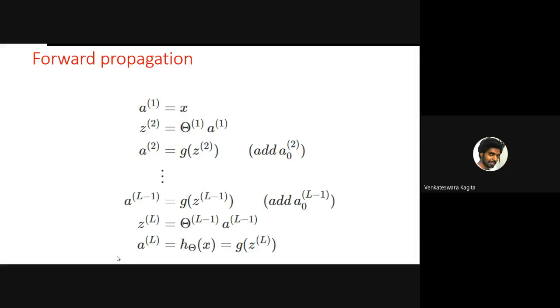We have capital L number of layers in total, which is equivalent to g of Z capital L. This is forward propagation. Starting from the input layer, layer by layer we compute the net sum and the activation units, and these activation units are passed as the input to the next layer, and so forth till the last layer, finally getting the prediction h theta of x.